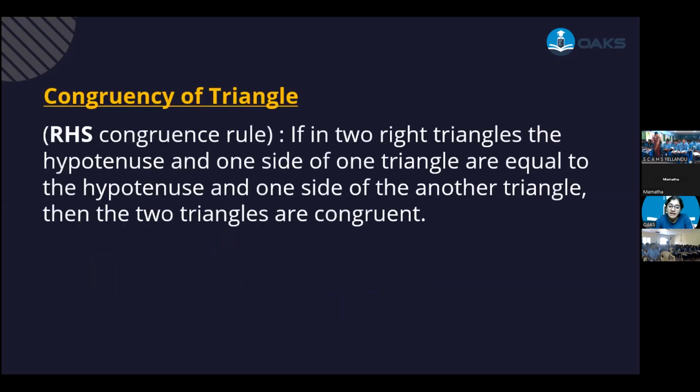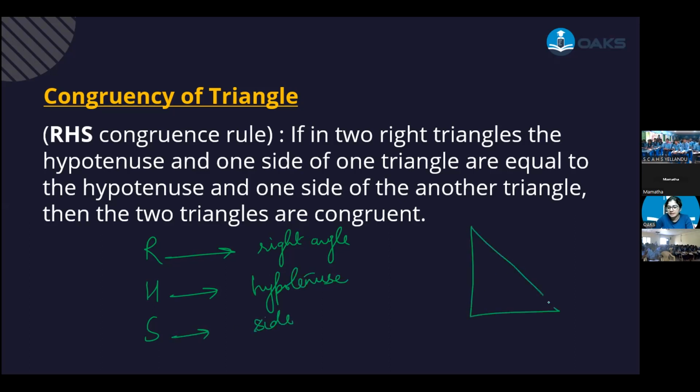We have RHS congruency rule. What does that say? RHS. That means we want one right angle, that is one angle. Second is hypotenuse. You all know what is hypotenuse. And the third is one side. Now, can you tell me from A, B, C, which side is hypotenuse?